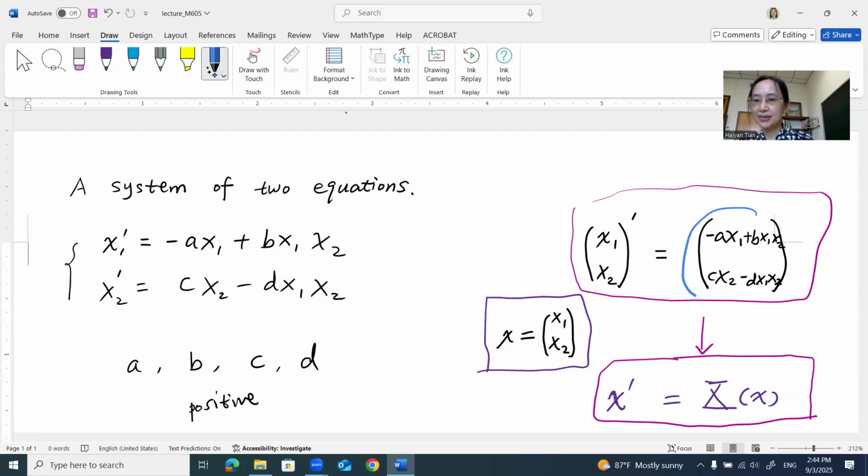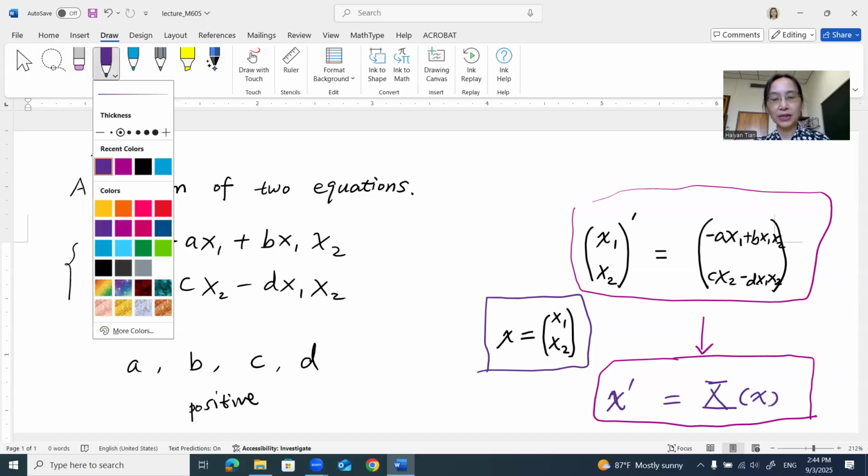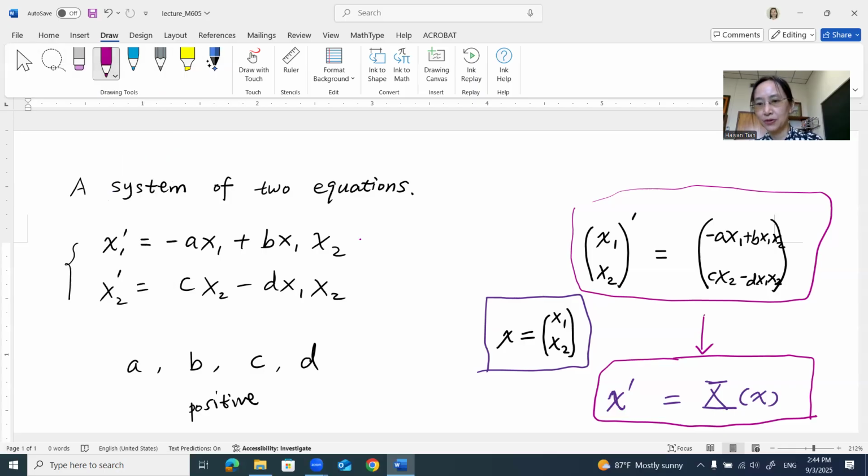Because this capital X, which is a vector, we call a vector field. It depends on this other x. So this is a new representation, and it's just another way to look at the system. So I'm going to put this arrow. So these two are the same.